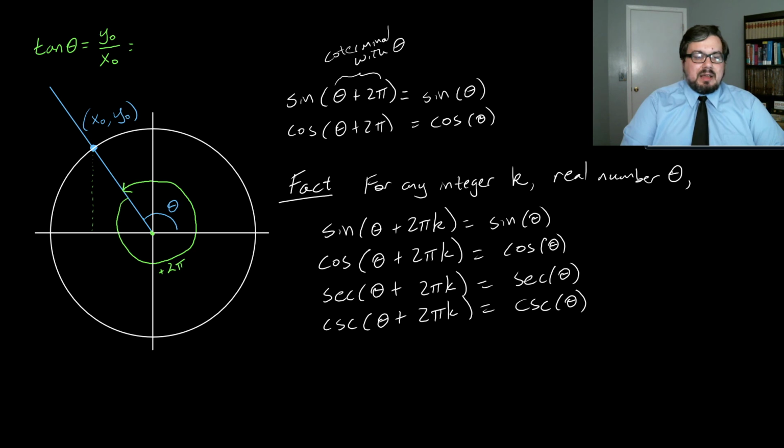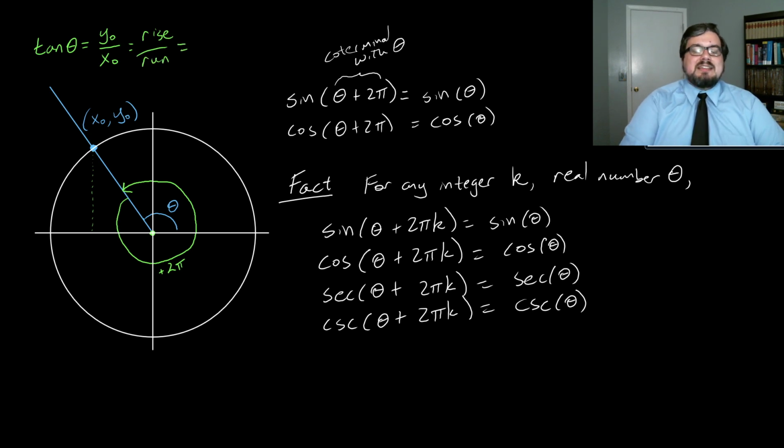Because if I move from the origin to the point x0, y0, I will have risen by y0 and I will have run by x0. In this case, x0 is negative, indicating that we're moving in the left-hand direction.